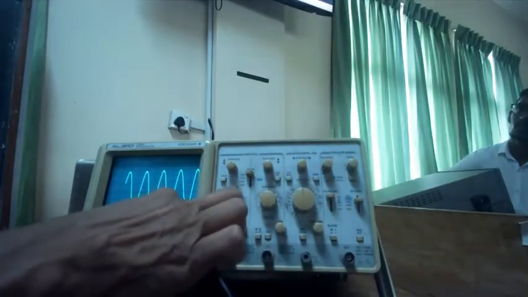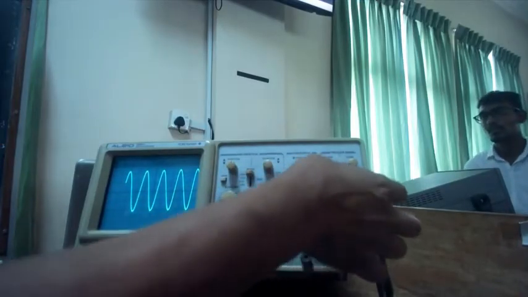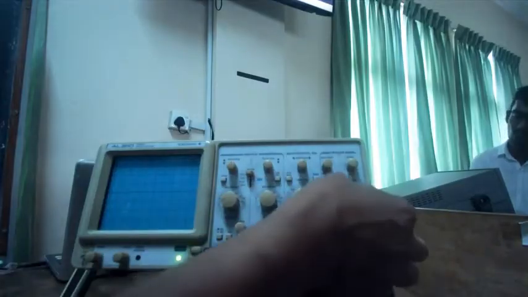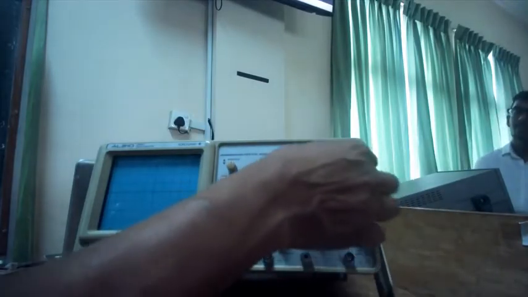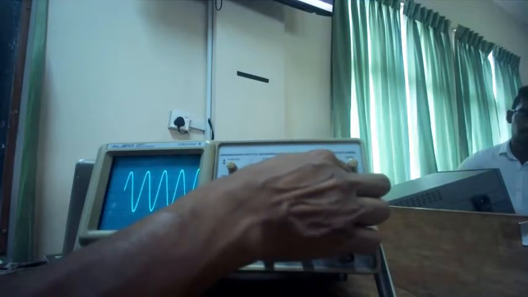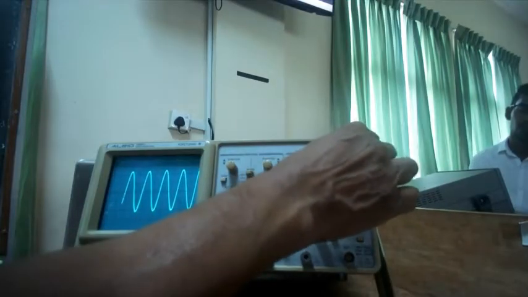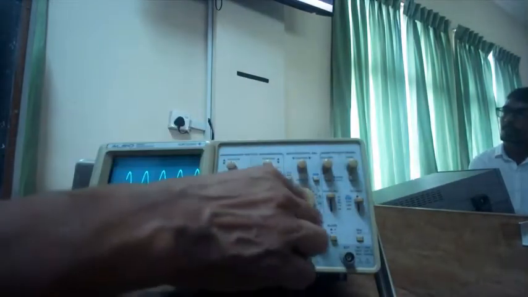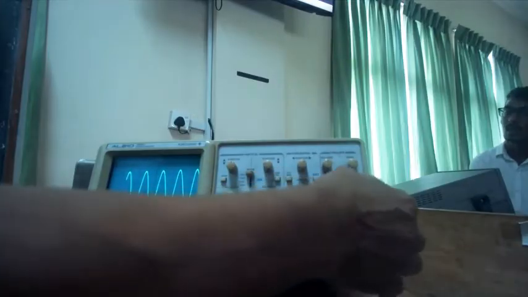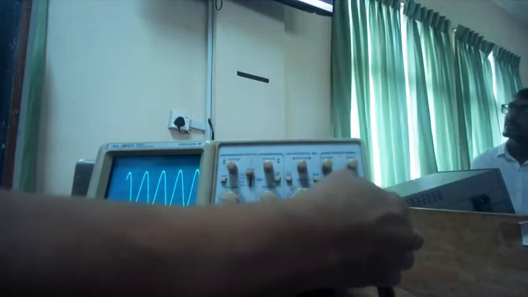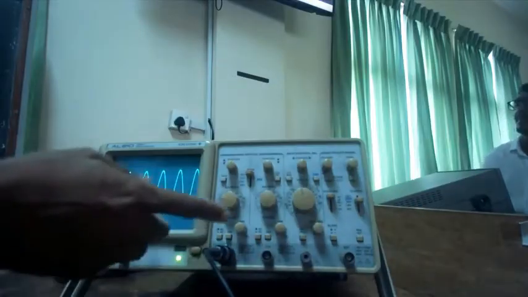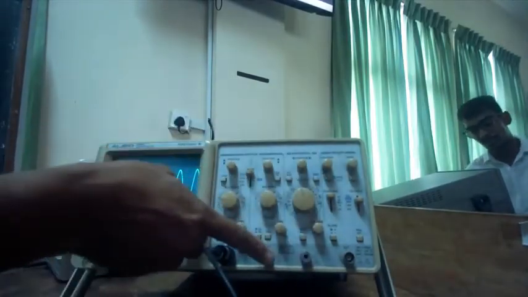Hold on. Channel 1 DC, normal mode, channel 2 ground. Hold on. Channel 2, not locked, this is normal mode. It actually should not trigger, because channel 2 does not have a signal.